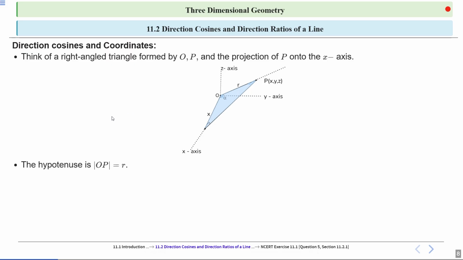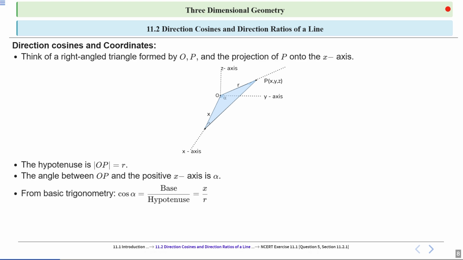Now in this triangle, the hypotenuse is the distance from O to P, which we call r. So r equals the length of the vector OP. The angle between OP and the positive x-axis is called alpha. So this angle tells us how much the line OP is tilted away from the x-axis.